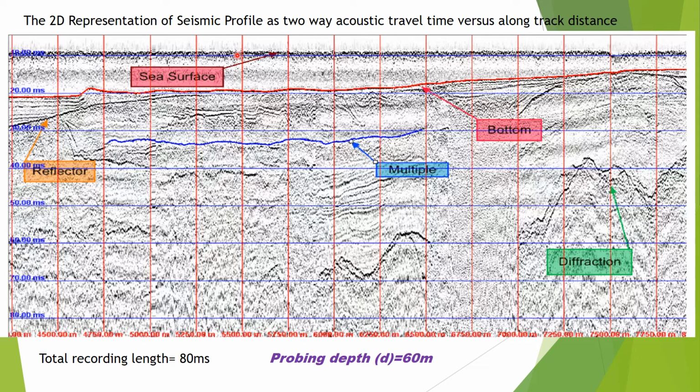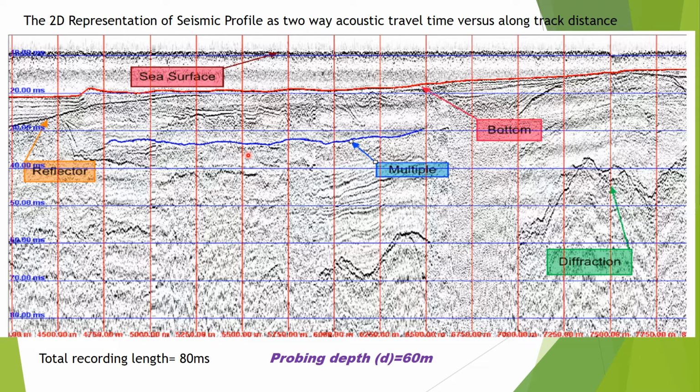Now, pictorially, this is generally the representation of a seismic profile of two-way travel time, theoretical, along the track distance. This is generally the sea surface, with noise above the sea surface. When you remove the water column, that will be removed. These are the reflectors, and multiples.